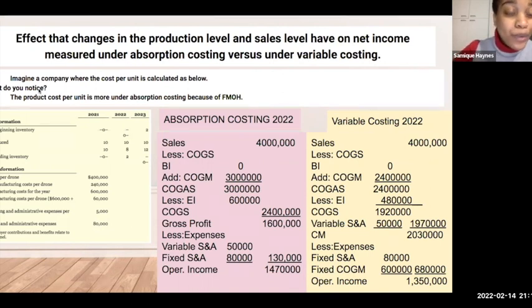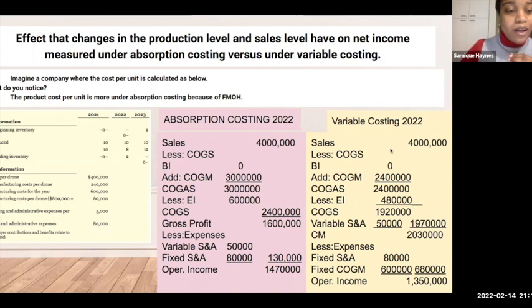So what we're doing is basically we are taking some of the cost, which is the fixed manufacturing overhead, because that's the only difference here. Fixed manufacturing overhead is in there. We're taking that bit of the cost and we're going to be pushing it into the next year.